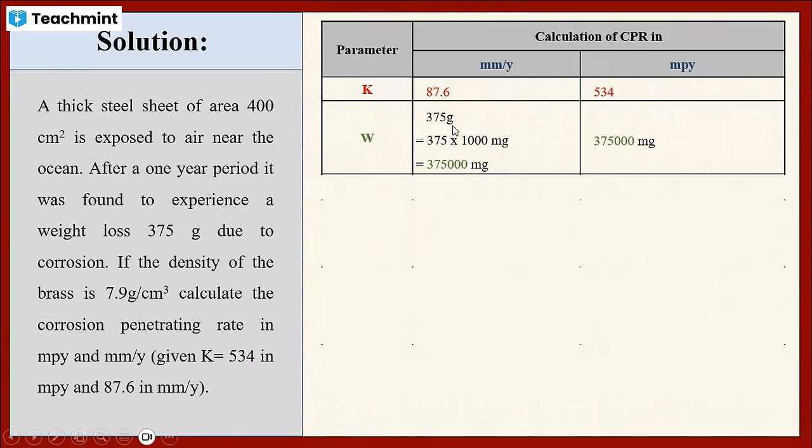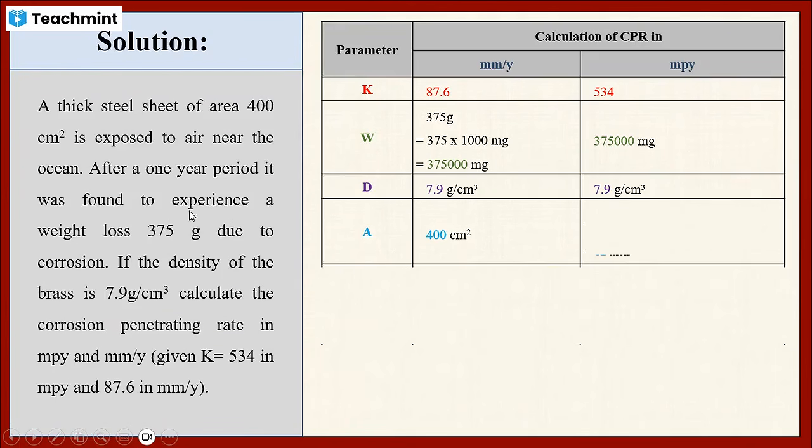Here also we have to convert gram into milligram. For that we have to multiply this 375 by 1000, and the answer is 3,75,000. The same answer is for MPY also. Then the D value, that is the density of the brass, is 7.9 gram per centimeter cube. That is the same for MMY as well as MPY.